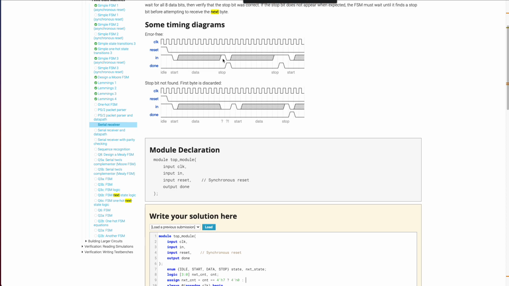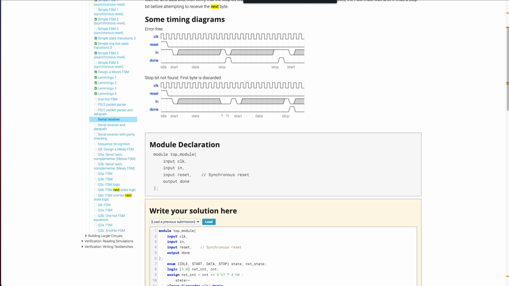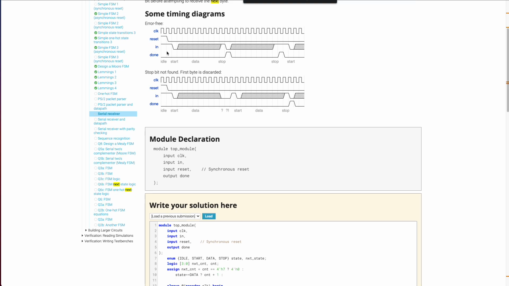And otherwise, if state is data, not next state, like state is data, then this is the only time that it should increase. Otherwise, default to 0.